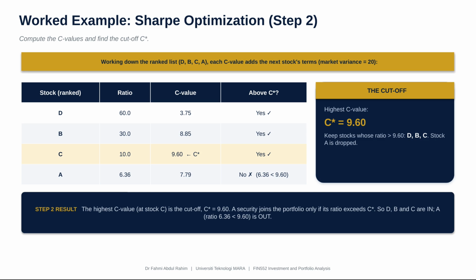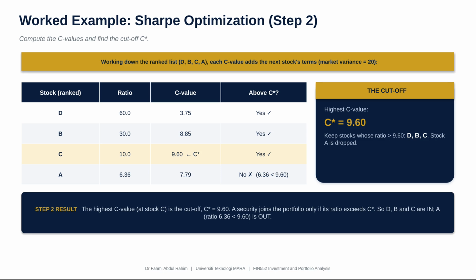Adding stock B, it rises to 8.85. Adding stock C, it rises further to 9.60, and adding stock A, it actually falls back to 7.79. Now find the highest C value, which occurs at stock C, 9.60. That peak value is our cutoff C star, equal to 9.60.